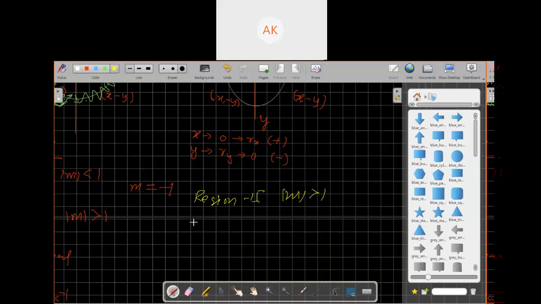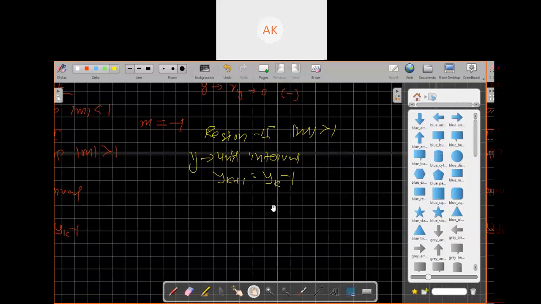When your m is greater than 1, if you remember the line we have calculated, when m is greater than 1, y moves with unit interval, means yk plus 1 will be yk minus 1. Unit interval means minus 1, because the value of y is decreasing.